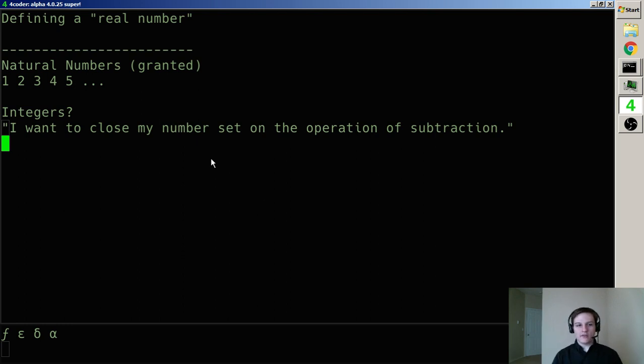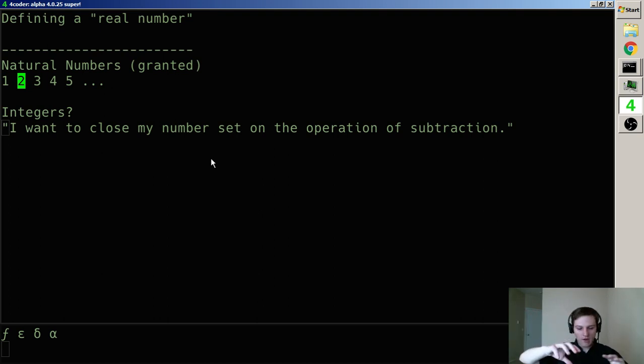And another part of this is you don't want to kick the can down the road. You don't want to have a thing where I say, all right, well, I'm going to define a set where all of these things have a subtraction. So there's a special thing for 1 minus 2, and a special thing for 1 minus 3, and a special thing for 2 minus 4, and so on. You want to have a set that once you take something out of that set and apply the operation to it, it goes back into itself, so that you don't have to keep on going another step further, so that you are continuously pseudo-closing, like this set has answers for the previous set but not for itself.